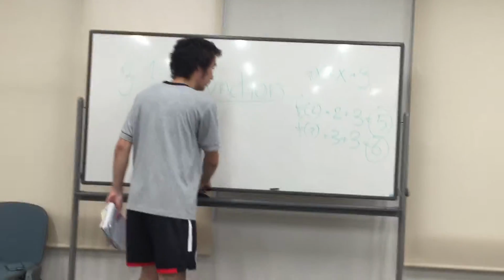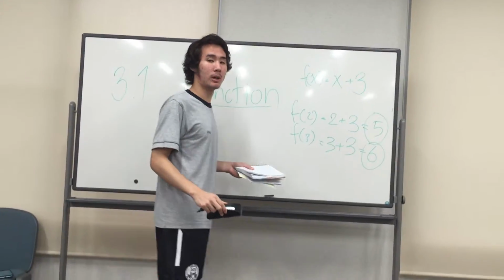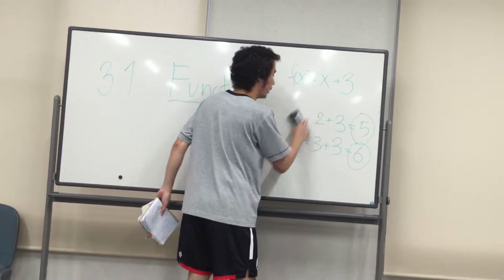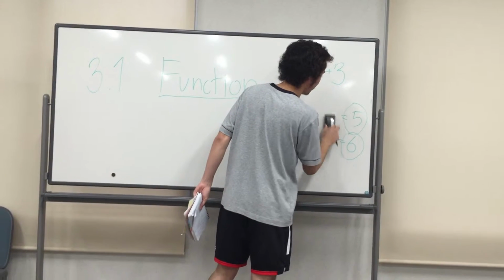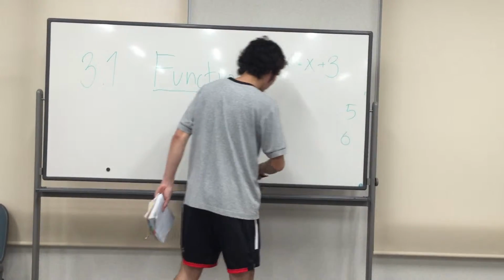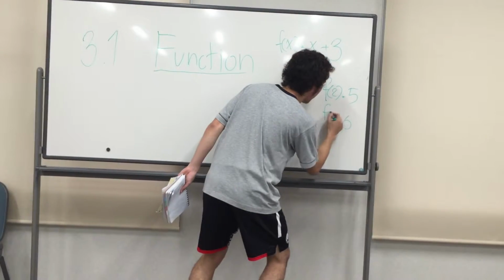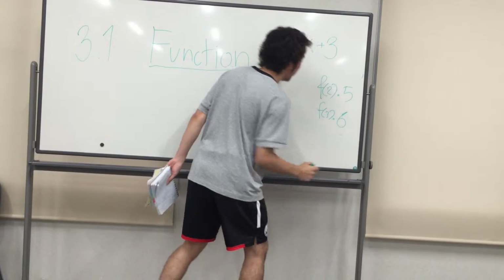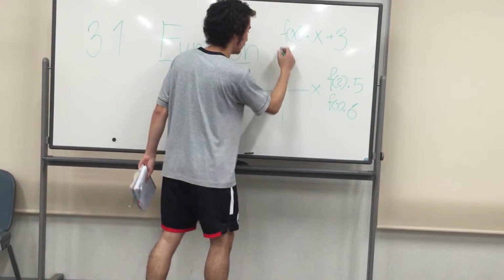Alright, so let's try to graph those functions. What is a function and what is not a function? We got f(2) equals 5, f(3) equals 6, right? Here, x-axis, y-axis.